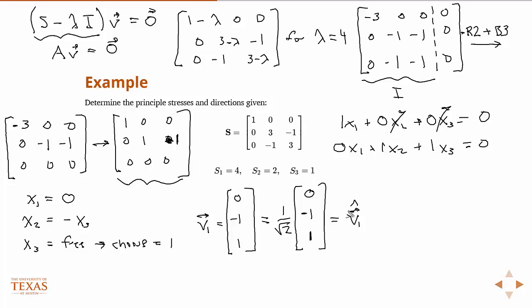But any scalar multiple of that vector, because that defines the direction, will be an eigenvector corresponding to that eigenvalue. You can choose it to be anything. You can choose it to be 144. It doesn't matter.